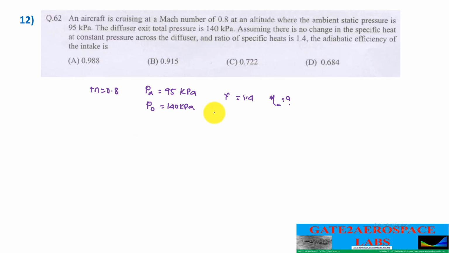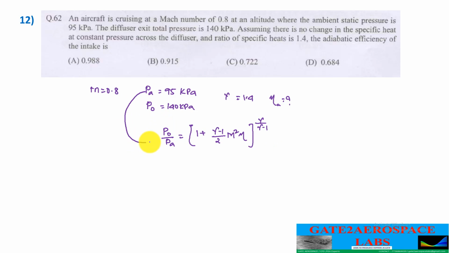Fine. You see, the process is adiabatic, that means you can represent this intake process as P naught by Pa equals 1 plus gamma minus 1 by 2 into Mach square into efficiency, to the power gamma by gamma minus 1. Now it is a very easy problem.